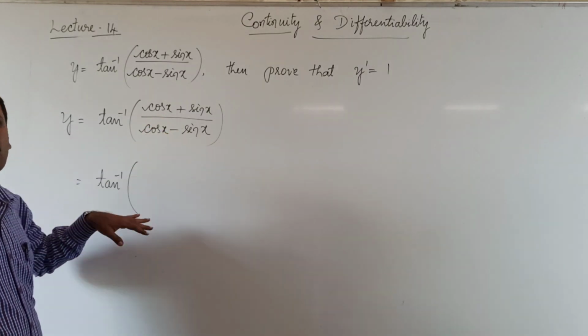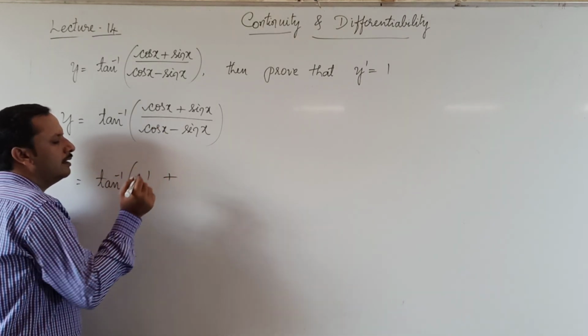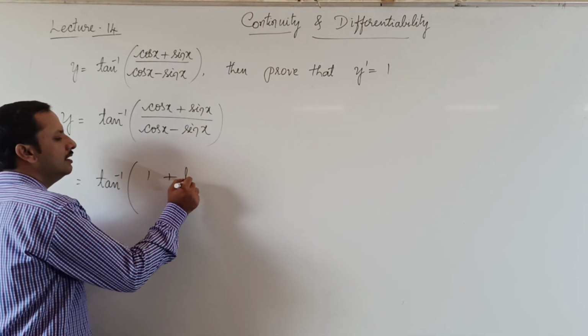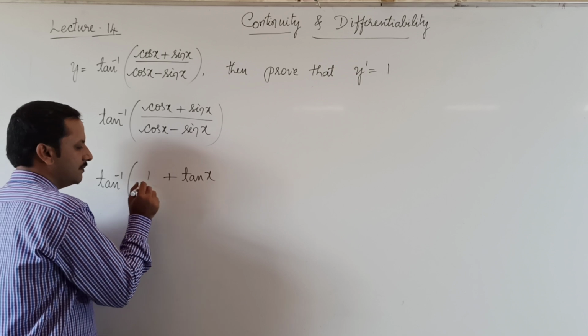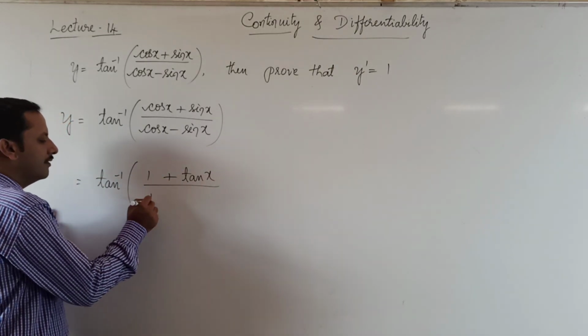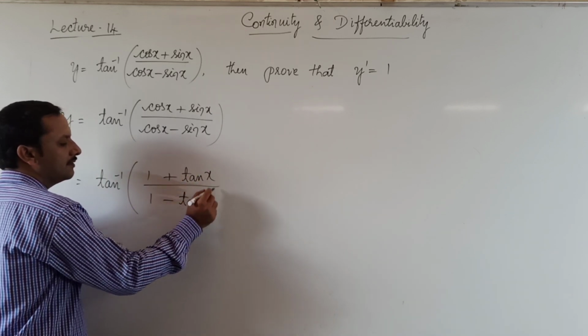When I divide by cos x, the first term cos x by cos x will give you 1, plus the second term sin x by cos x, which becomes tan x, divided by, here also cos x by cos x gives 1, minus sin x by cos x which is tan x.